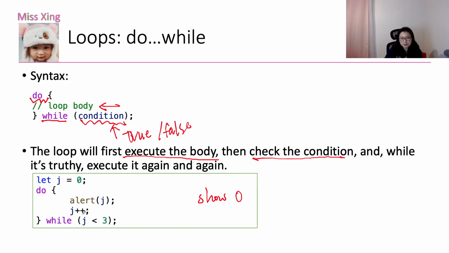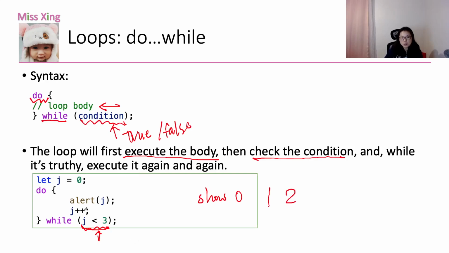Then j plus plus, and after this statement j becomes 1. Then the condition check: 1 is less than 3, so we go back to the loop body and alert j, which shows 1. Then j++, and j becomes 2. 2 is also less than 3, so we execute the body again and show 2.